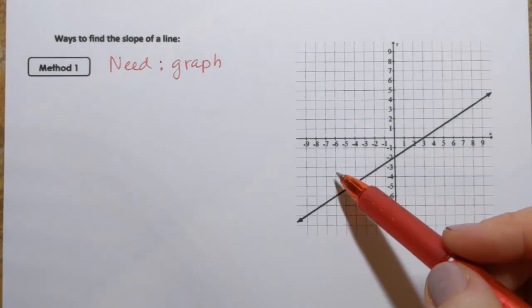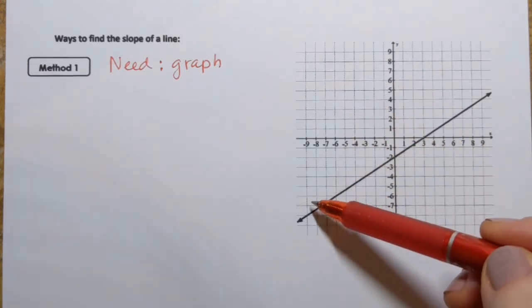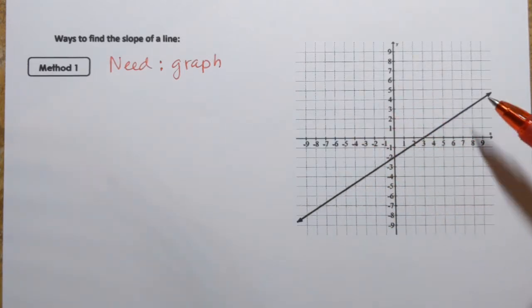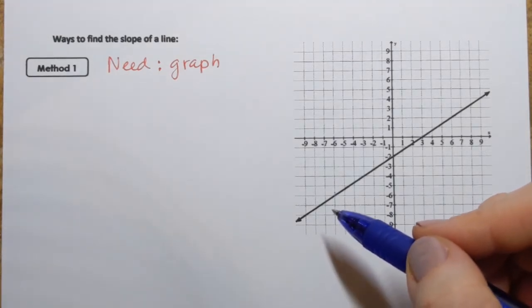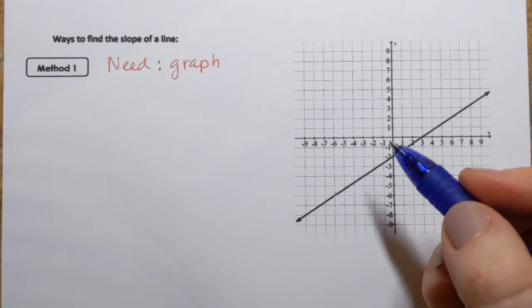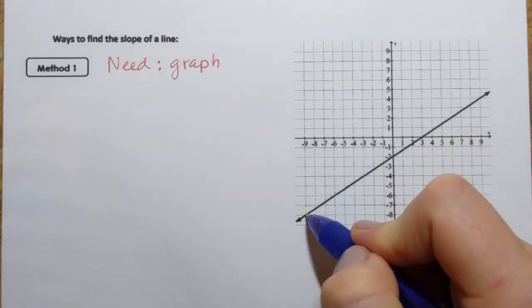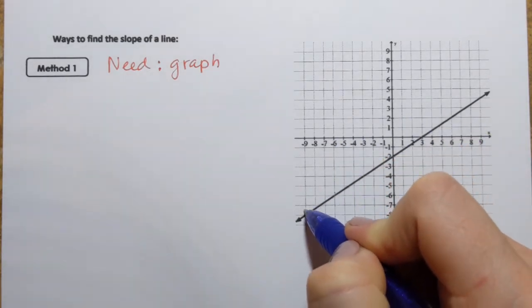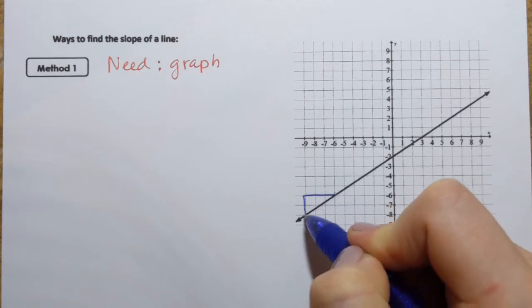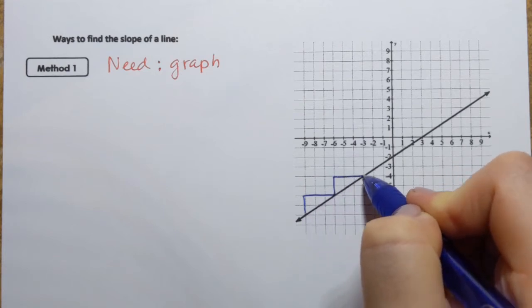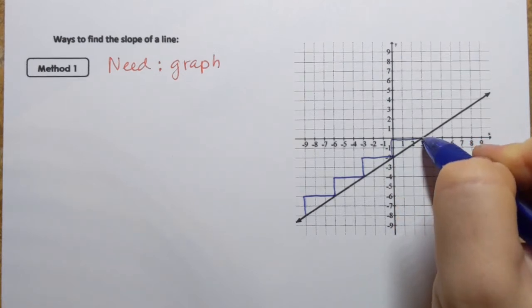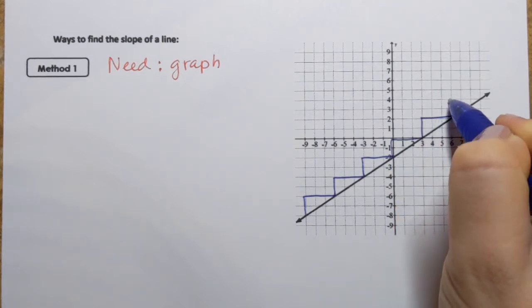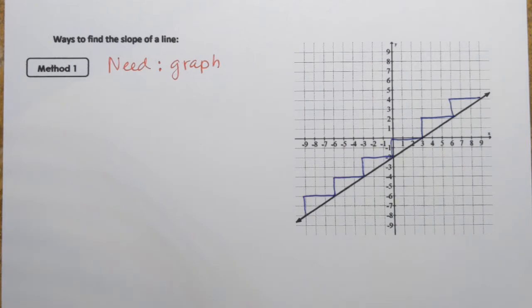And this is how we're going to think about measuring the slope. We're going to pretend that we have a staircase that goes along the given line. And as with any normal staircase, steps should have the same height and the same width. So I'm going to try to construct a staircase like that. I just picked a convenient point so I can start it, and I should be able to construct a staircase like that for any given straight line.